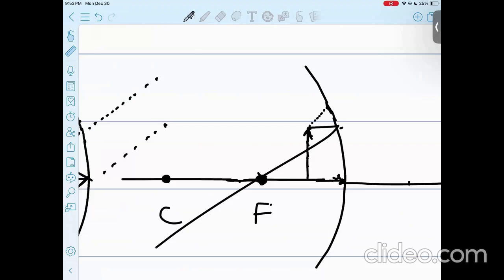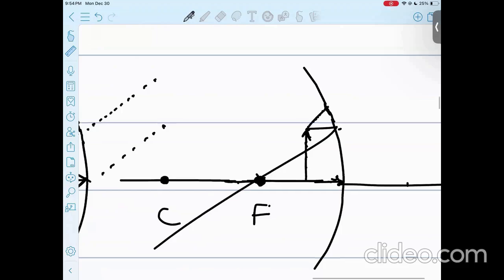We basically pretend like the ray came from the focal point, and we have this coming off parallel.